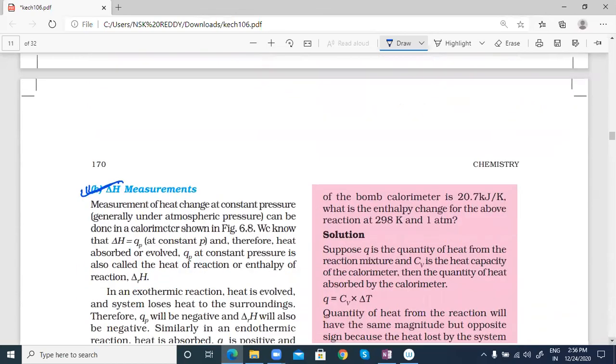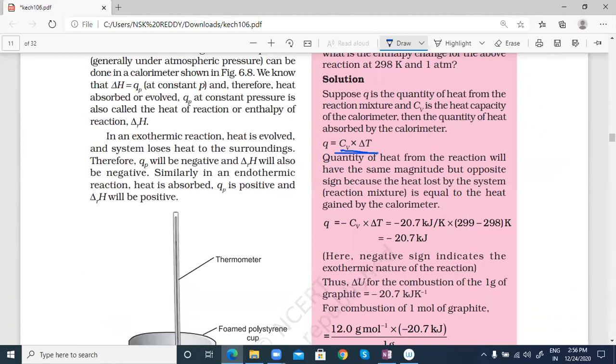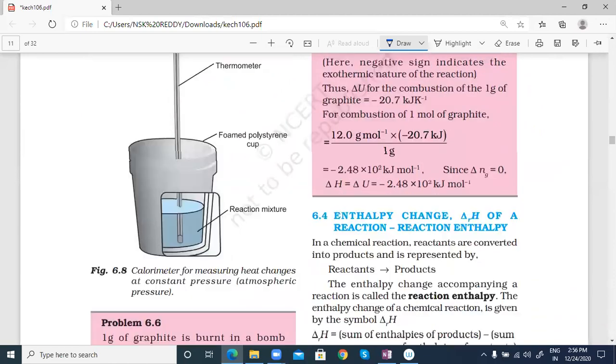There are two things you are calculating: delta H measurement at constant pressure, and at constant volume. At constant volume, you already know, Cv delta T. Okay, you know or not? Cv delta T. At constant pressure, Cp delta T. But they are showing only diagrams here.